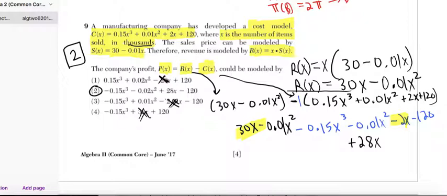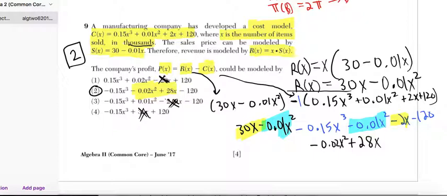So I'll use a different color highlighter. Negative 0.01x squared and another negative 0.01x squared. Those two are just going to combine to be negative 0.02x squared. Right, so far everything else is good. We have negative 0.02x squared plus 28x.